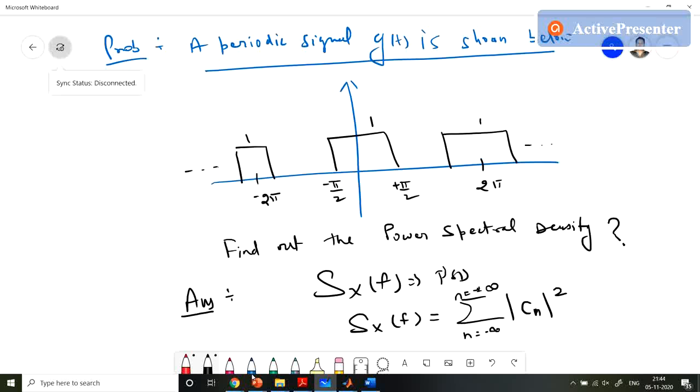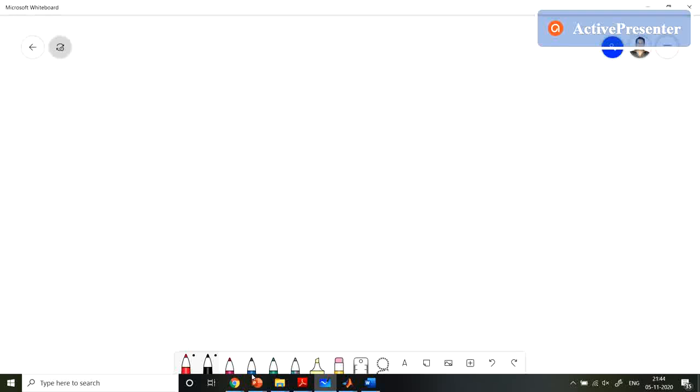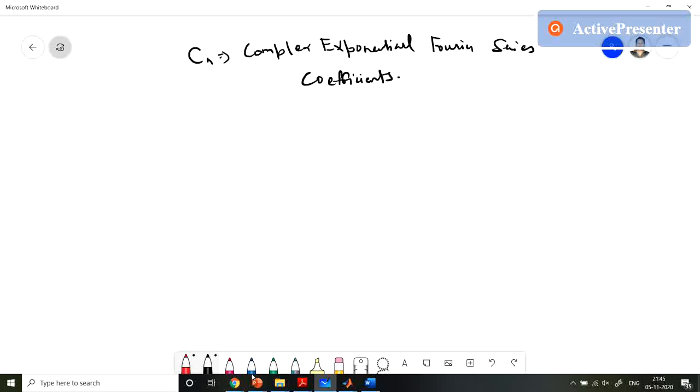And what is Cn? Cn is simply the complex exponential Fourier series coefficient.